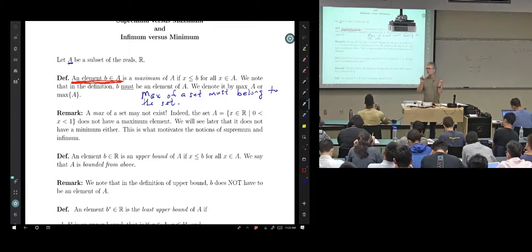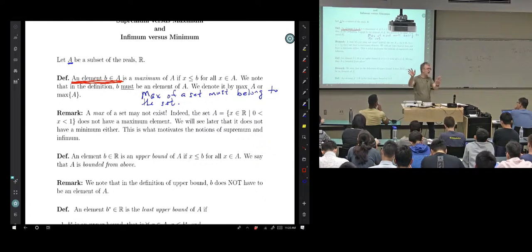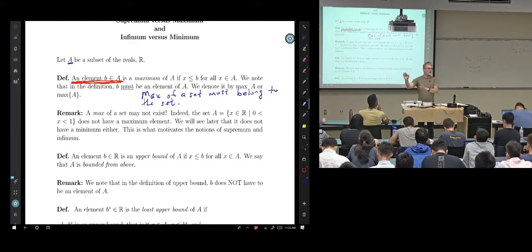Okay, so later on in the course, we're going to be doing optimization problems, in the sense of how can I take this set of data and best approximate it by a function. So we're going to minimize an error. So we're going to talk about minimums, okay? But let's pretend we're maximizing something else. So I write down my problem, x star equals the max of this. The problem with that is, I don't know if the maximum exists.